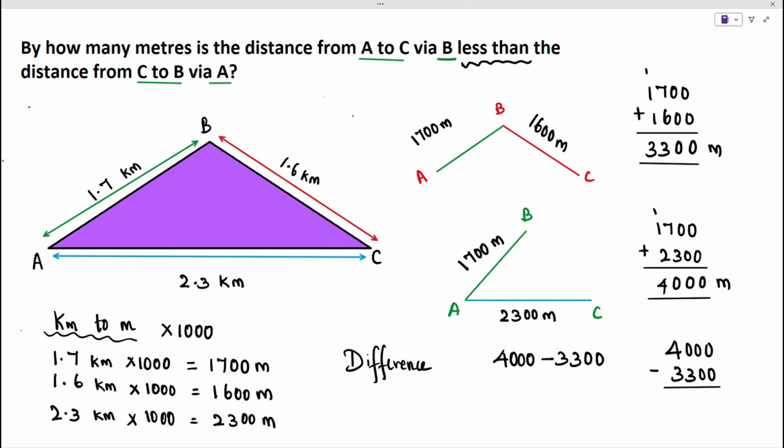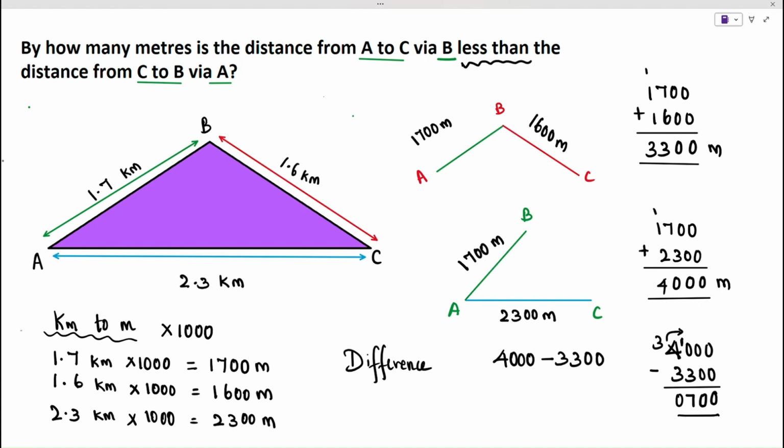So we have 0, and then 0 minus 3, so we remove one of the values from our 4, and so our 4 becomes a 3, and we carry 1 over. So we have 10 minus 3, which is 7. And then we have 3 minus 3, which is 0. So 700 meters is what we have left.